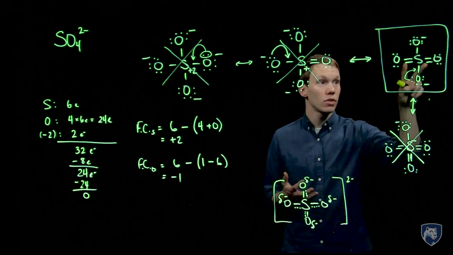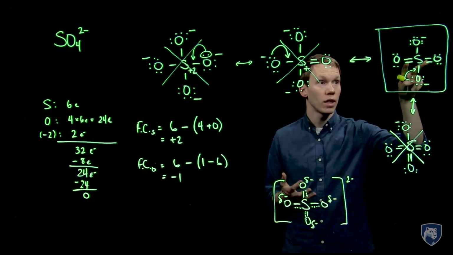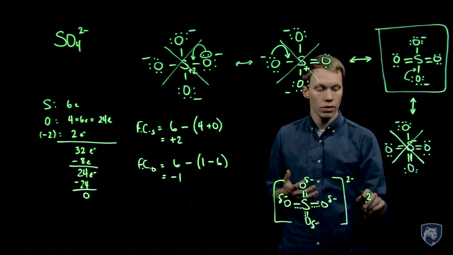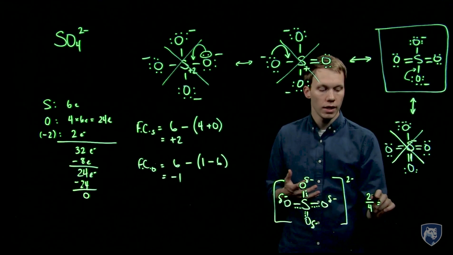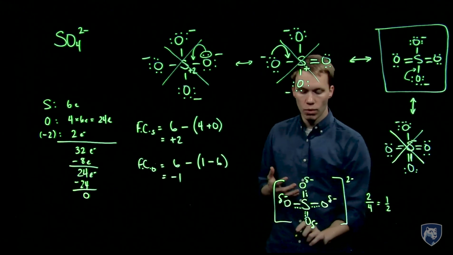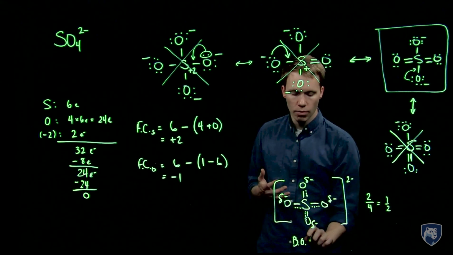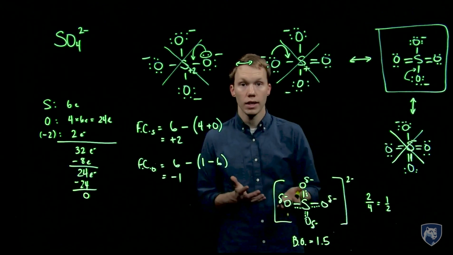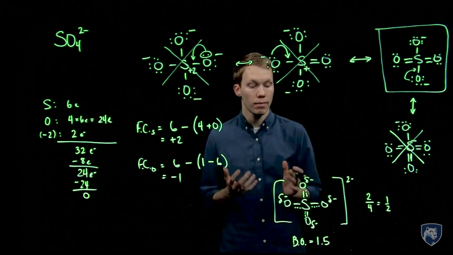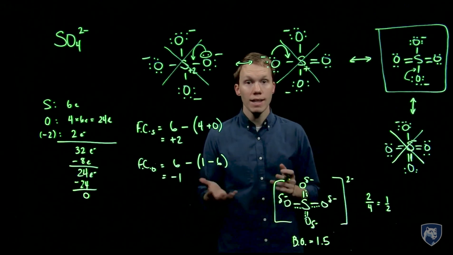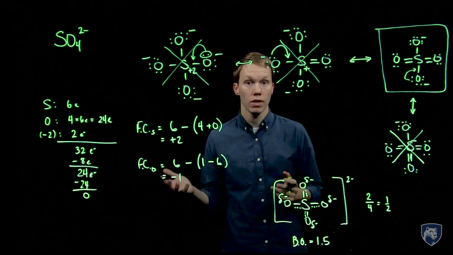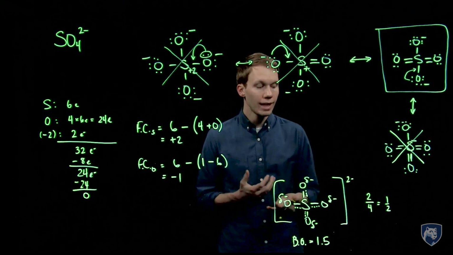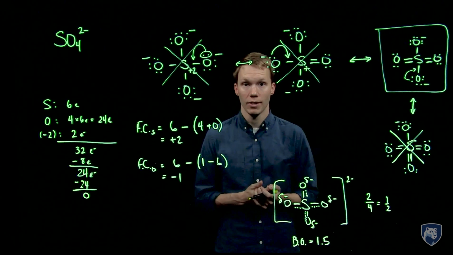We have these 2 pi bonds shared over 4 centers, so 2 pi bonds over 4 bonds is equal to 1/2. The bond order for the SO bond is going to be 1.5. And if we look at the experimental data, we do find that the bond length is between that of what we would predict for a sulfur-oxygen single bond and a sulfur-oxygen double bond. So again, we agree with the experimental evidence here.